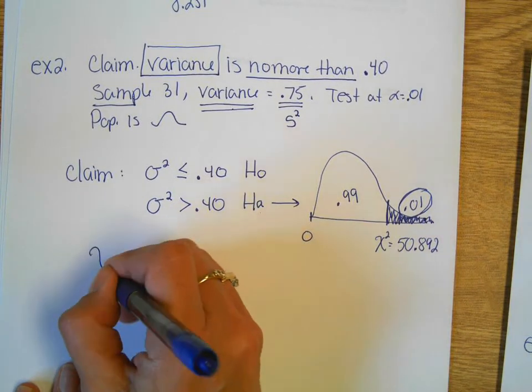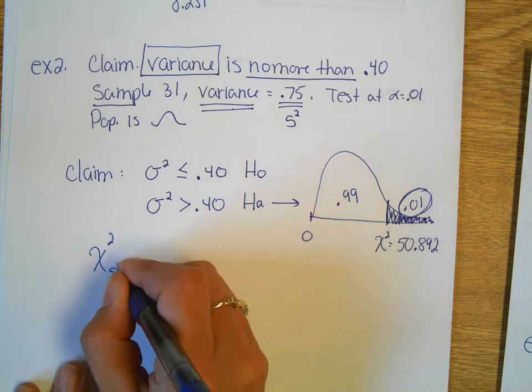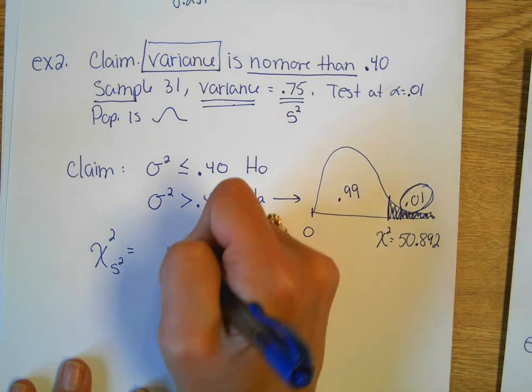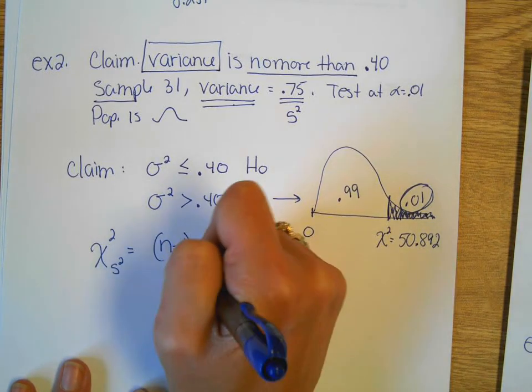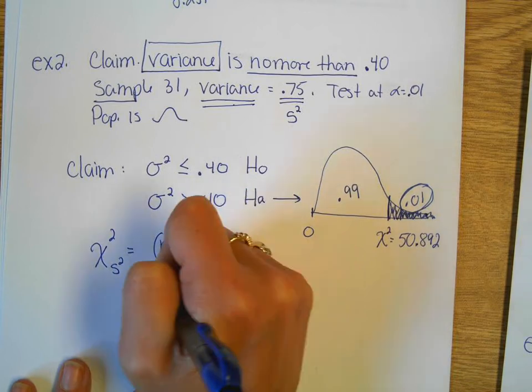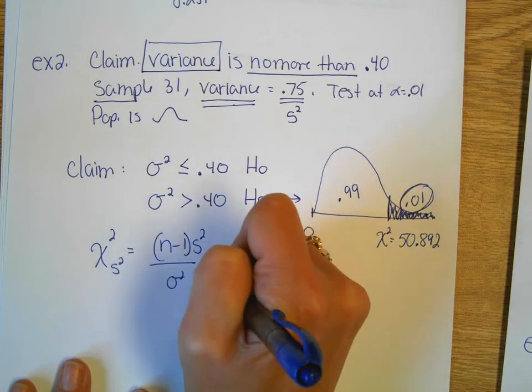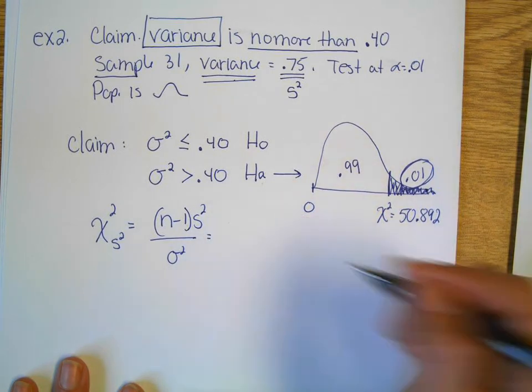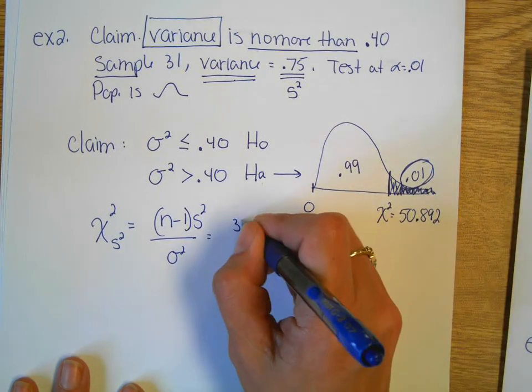So the formula to convert that S squared into a chi-square, I'll just write it so you have it. It's n minus 1 times S squared over sigma squared. But we don't square the S squared again. So what's my n? 31.